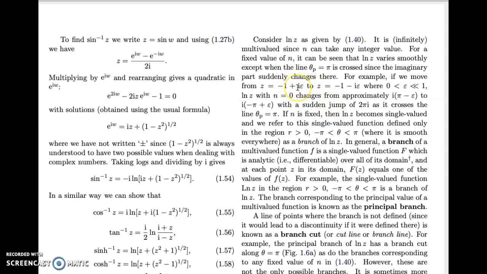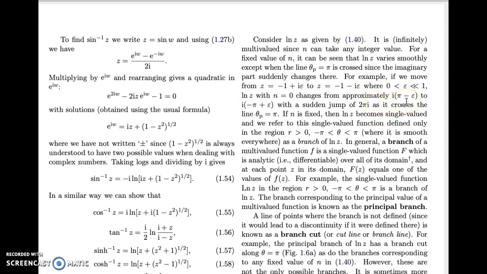In this case, the argument is approximately pi minus epsilon. And here the principal argument is minus pi plus epsilon. So you see the value of log z is going to suddenly jump as we cross from this point to this point, which are very close together.